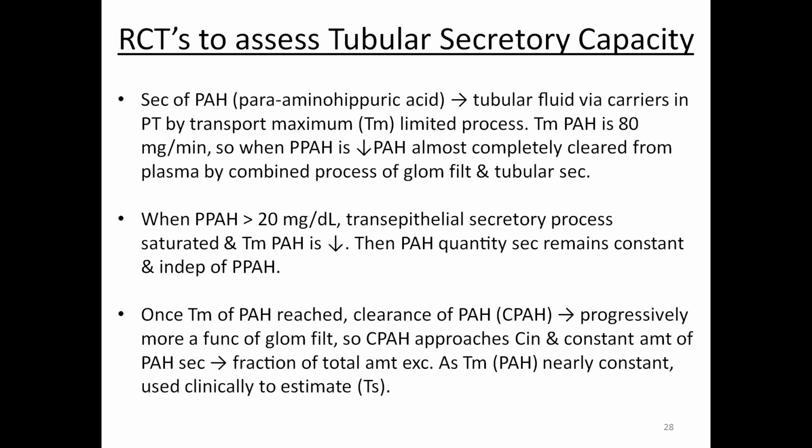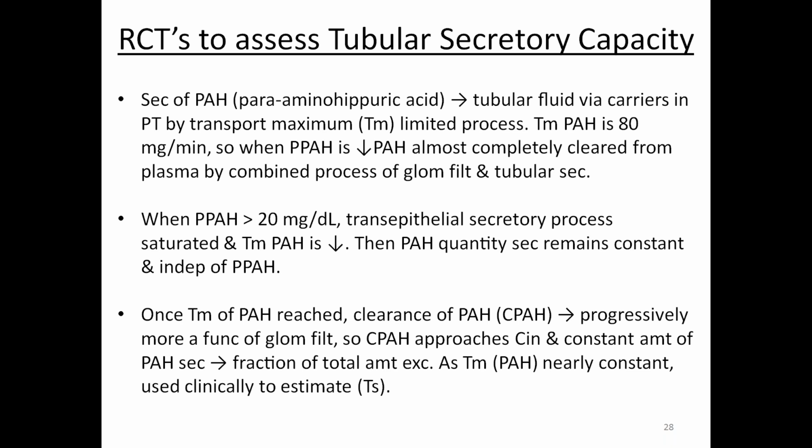When it is more than 20 milligram per deciliter, the transepithelial secretory process is saturated, the TM of PAH is reached, and the PAH secretion remains constant and independent of plasma level. When TM of PAH is reached, then clearance is progressively more a function of glomerular filtration.